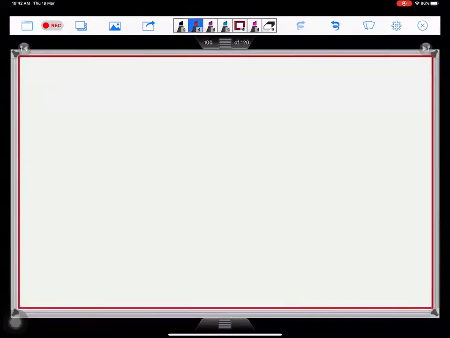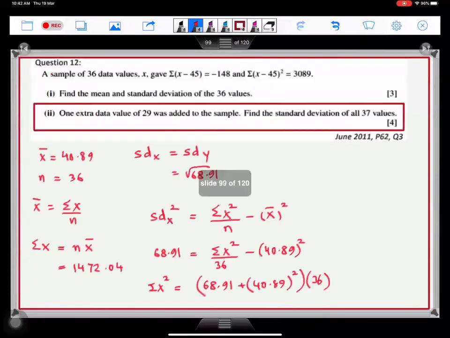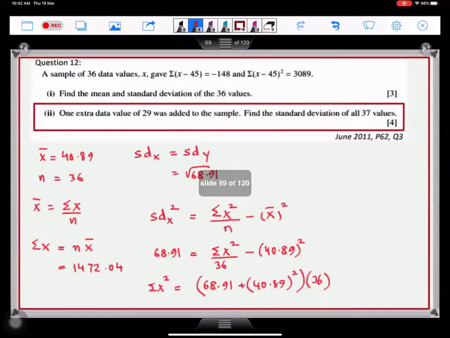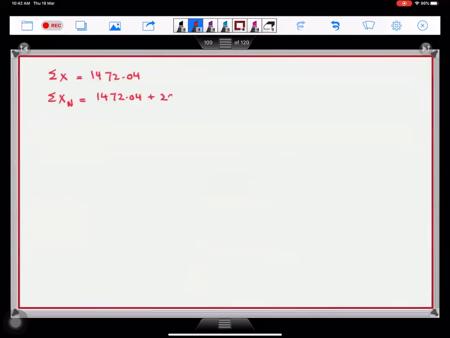So now sigma x is given. That is 1472.04. Therefore, sigma x new would be 1472.04 plus the score, 29. X bar new would be 1472.04 plus 29 divided by 37. The new count is 37. And sigma x square old was something, I don't know what that was.